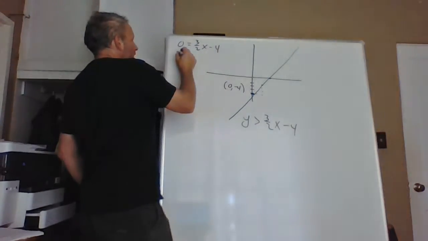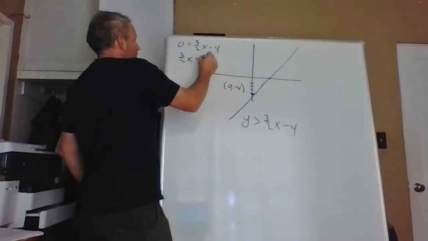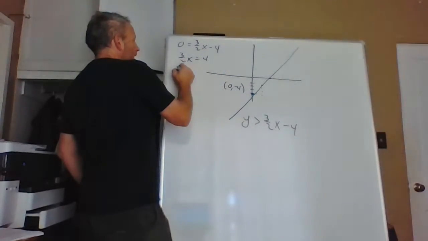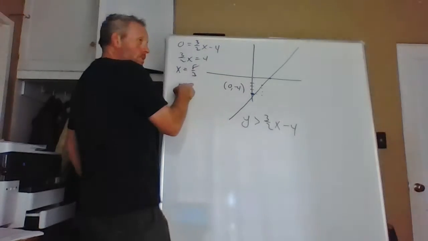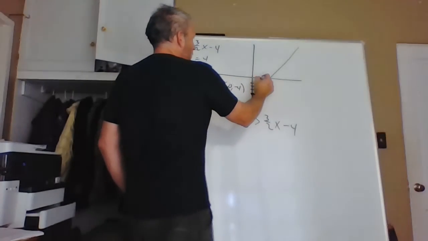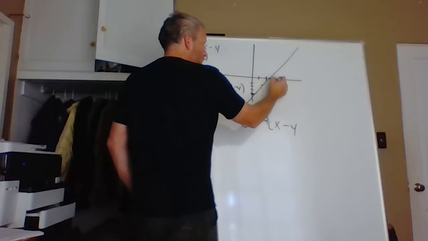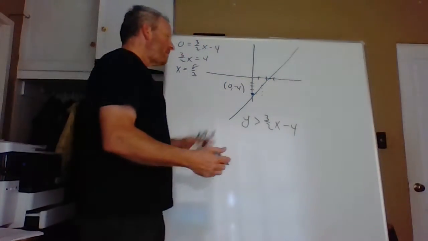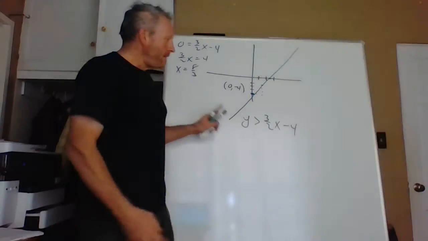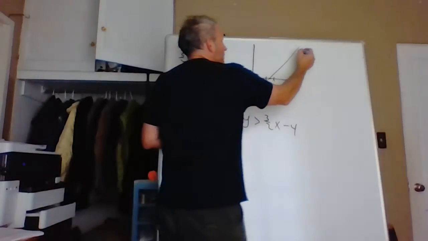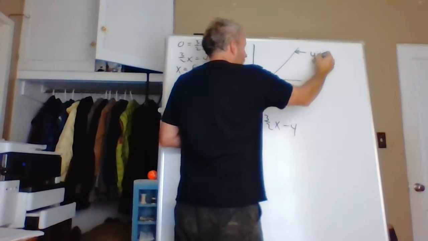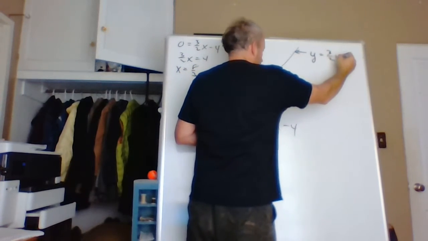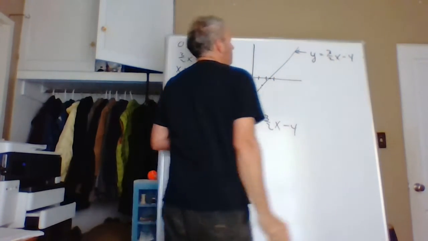Let's add 4 to both sides and divide both sides by 3 halves, so we get 8 thirds, just 2 and 2/3. So 1, 2, 3. So there's the graph. Well, that's actually not the graph of this inequality. This right here is the graph of y equals 3/2 x minus 4.